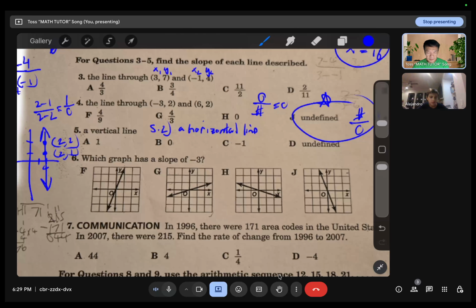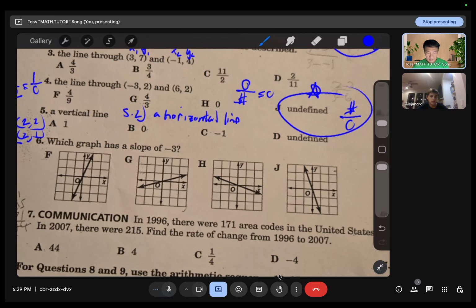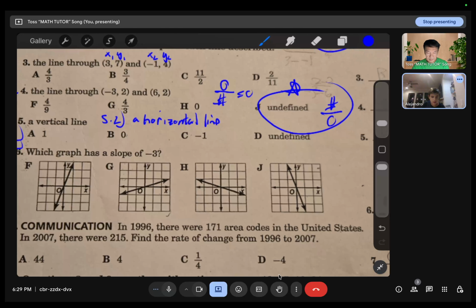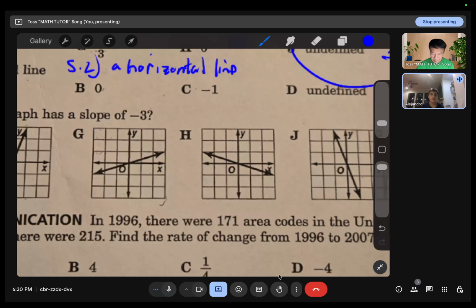Okay, how do you know the slope is negative 3? Which one? So I put G because the run is 6, and the rise is 2, so it's 2 over 6, and then simplify that.